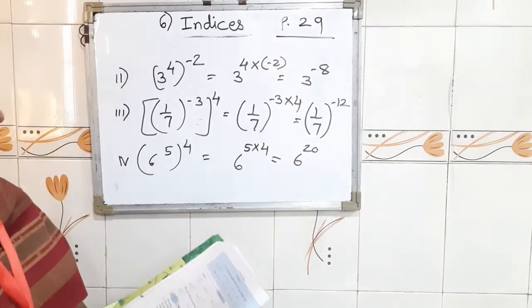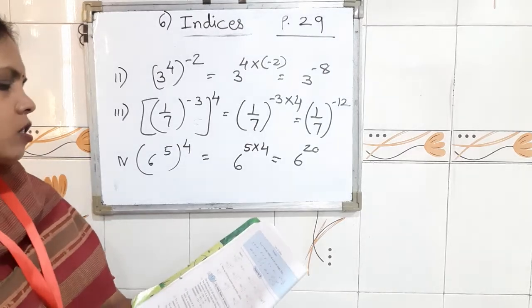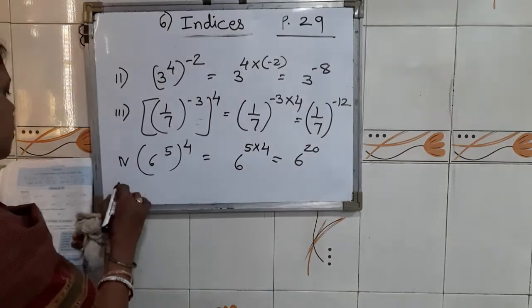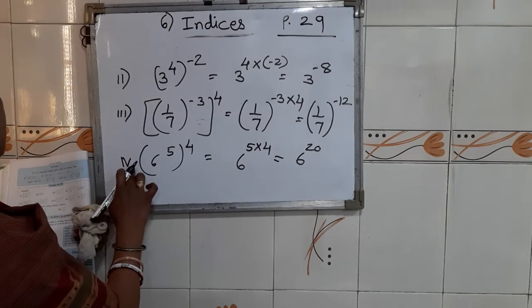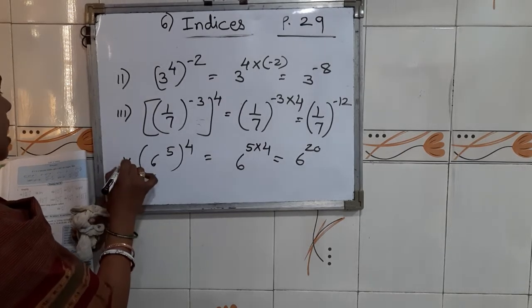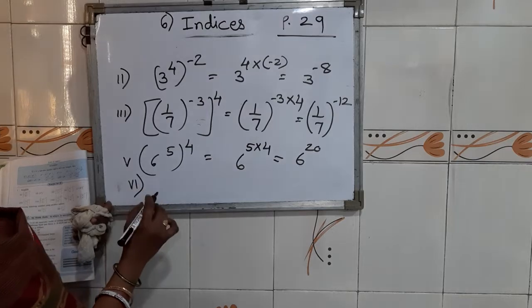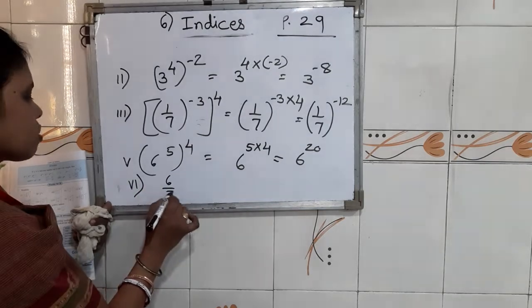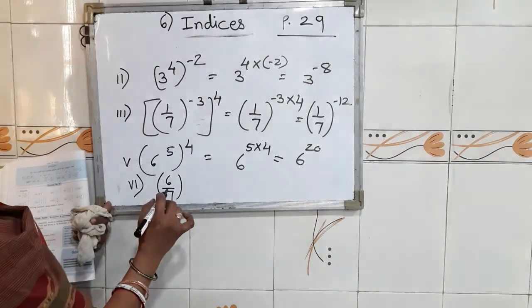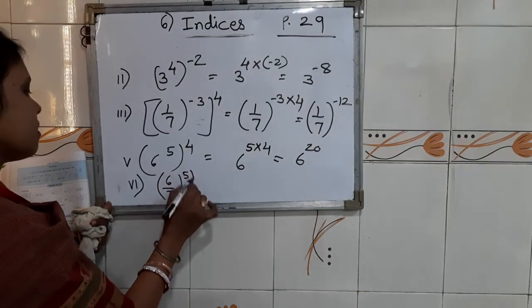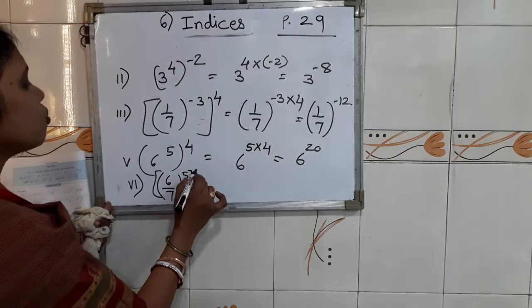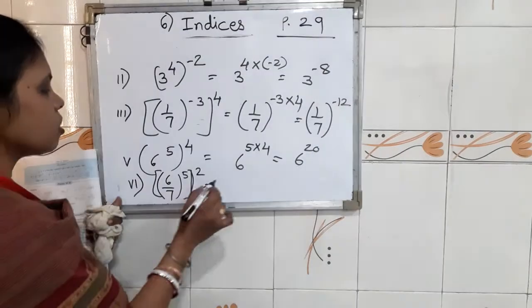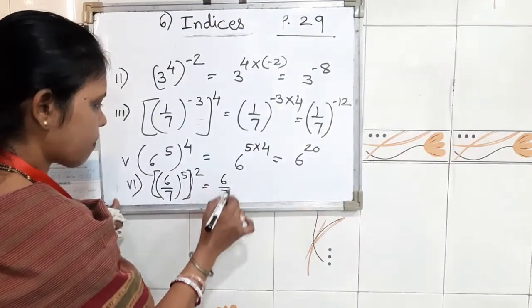So children, this one was question number 5th. Suppose question number 6 is given: 6 by 7 raised to 5, with a square bracket, 2. What will you do?